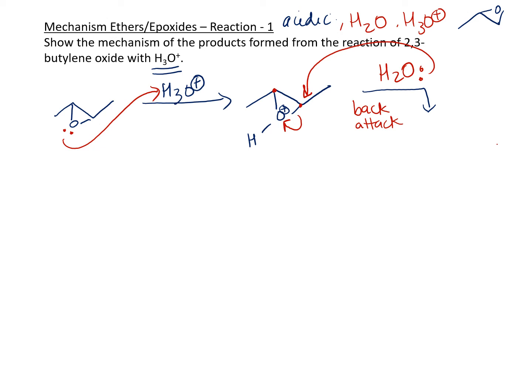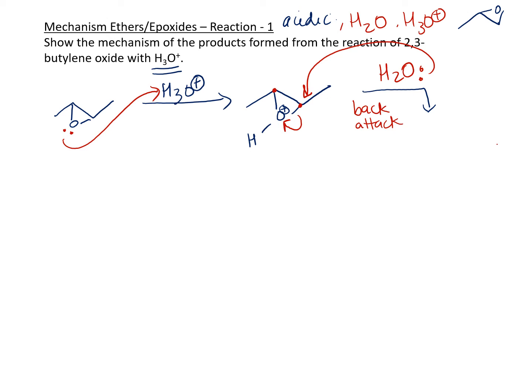The other point before I go on is that you have these 2 carbons. Which one of them is going to get attacked? In this case, both of these carbons are exactly the same, so it doesn't really matter. But otherwise, if you have something in an acidic medium, then the carbocation that is more stable is the one that is going to get attacked.